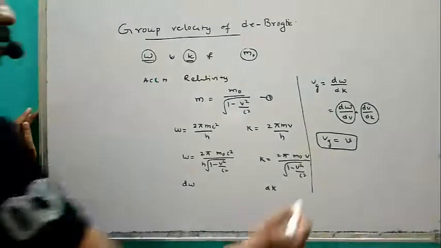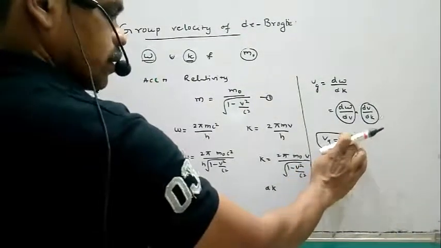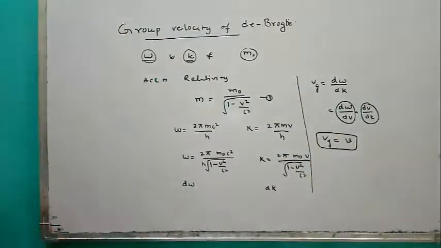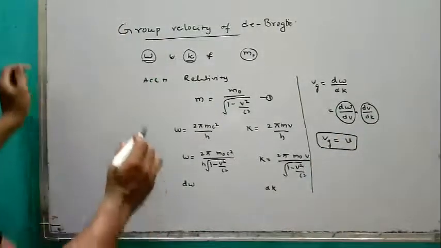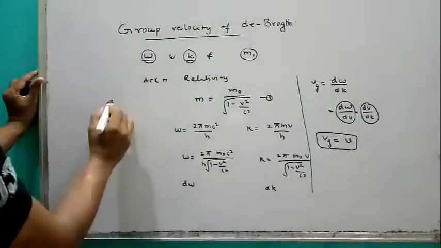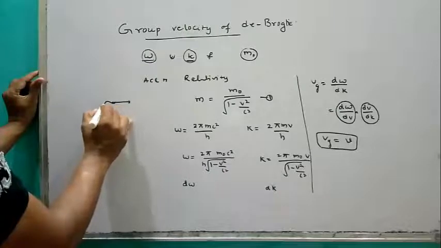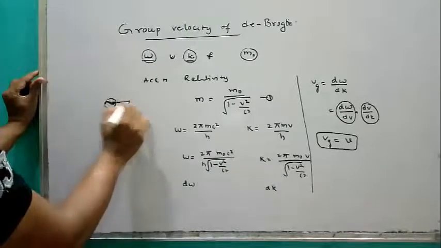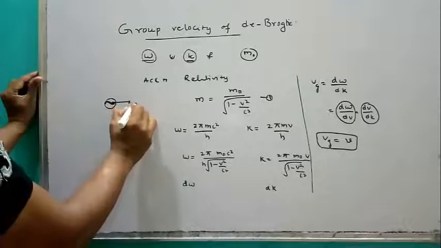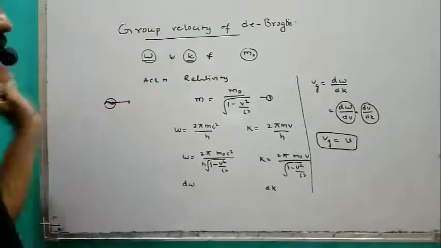So the group velocity of the particle is equal to the velocity of the particle. That means the de Broglie wave group associated with a particle travels with the same velocity.